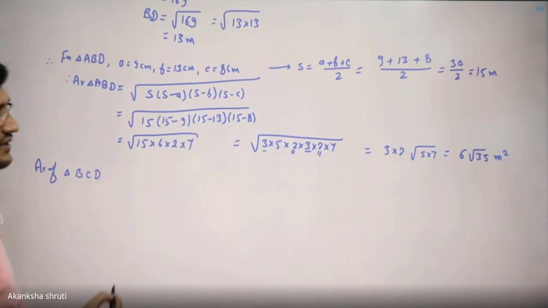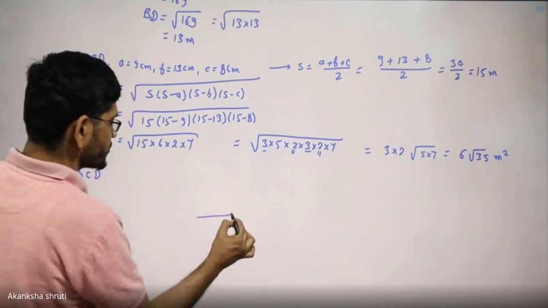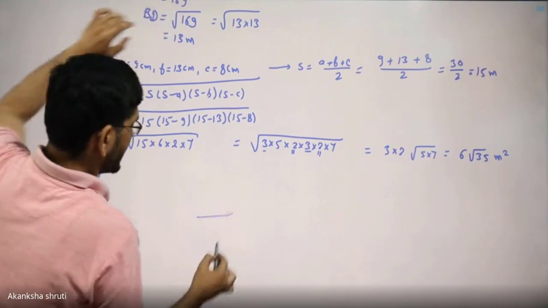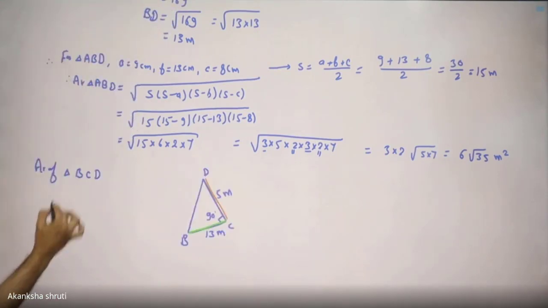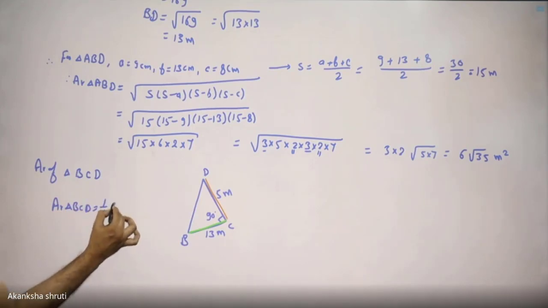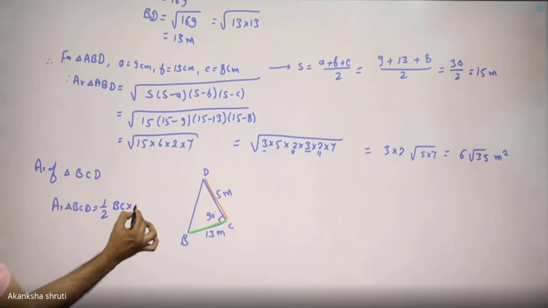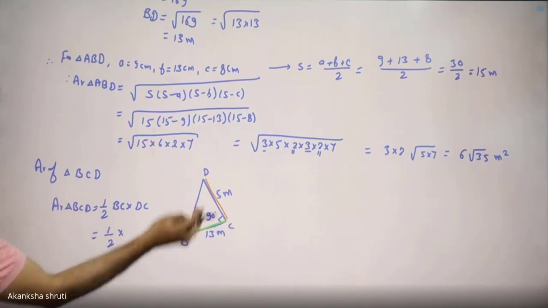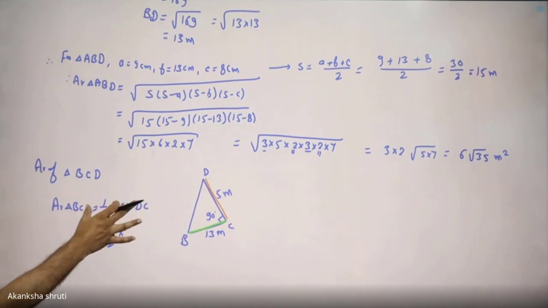This can also be calculated by Heron's formula, or even if we observe it carefully, the area of triangle BCD can be written as half into base BC into height DC. We can apply it here. This is more convenient because the two things are available. Just in one step we can get it.